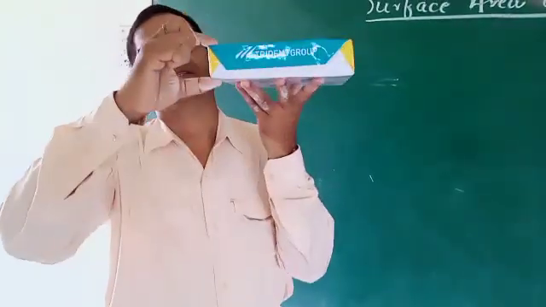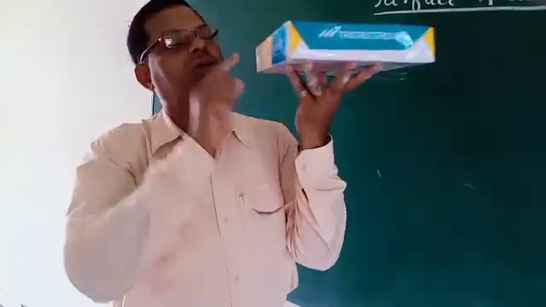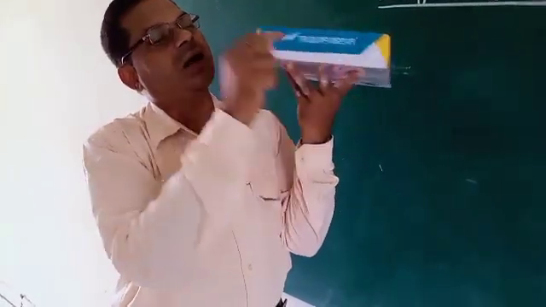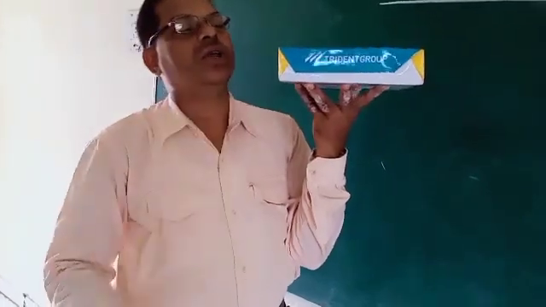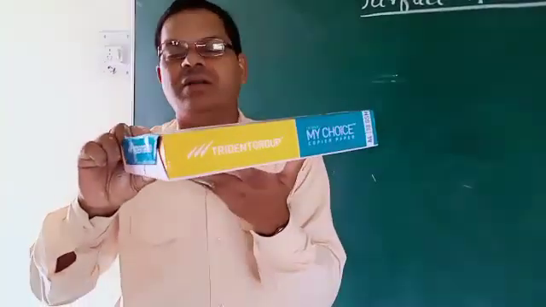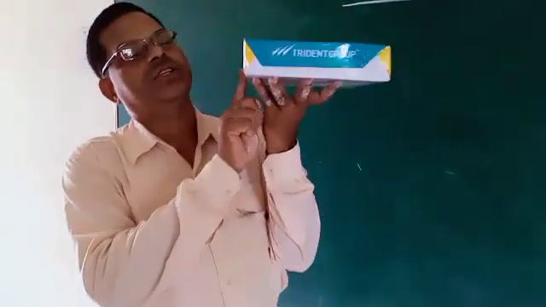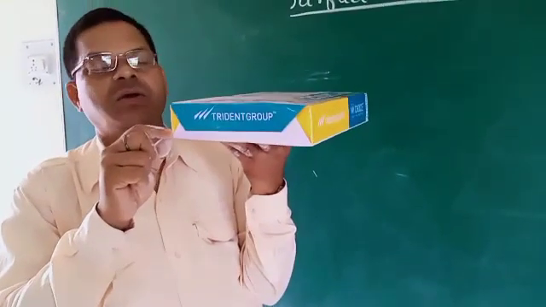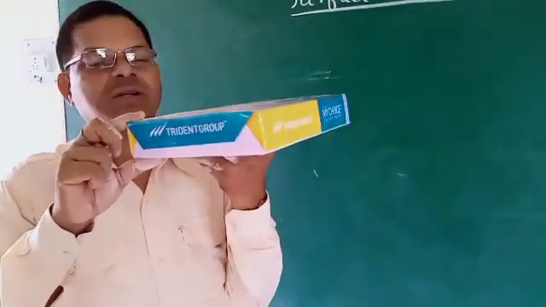Height means thickness. In a cuboid, the length, breadth and height are all different. They are not the same measure. So this is called a cuboid.